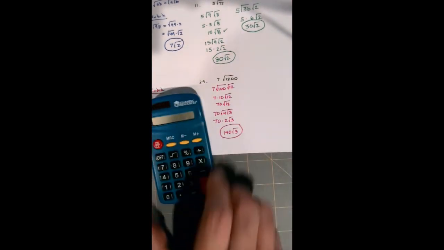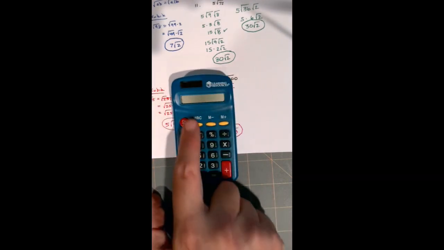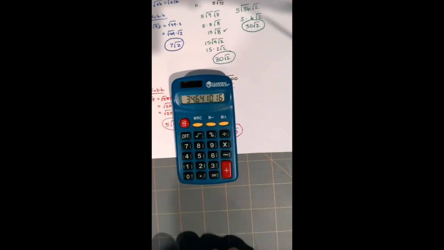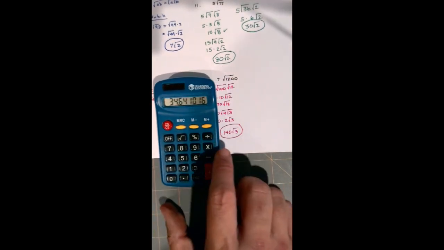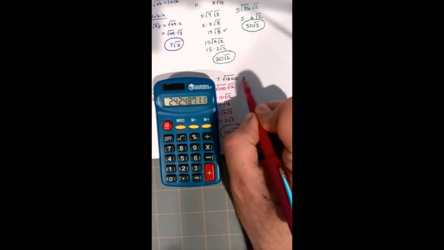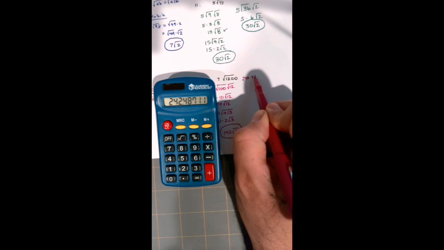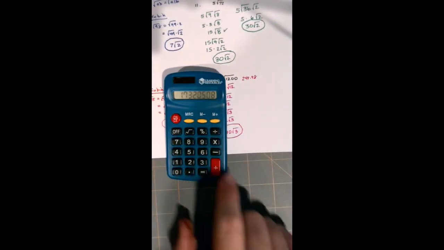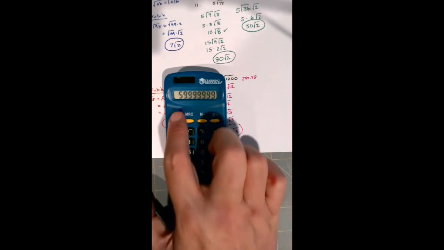I mean, look at this. So here, watch. Turn this dealio on. The square root of 1200 is 34.64. Times 7 is 242.48. Well, now the square root of 3, I got to clear that out.